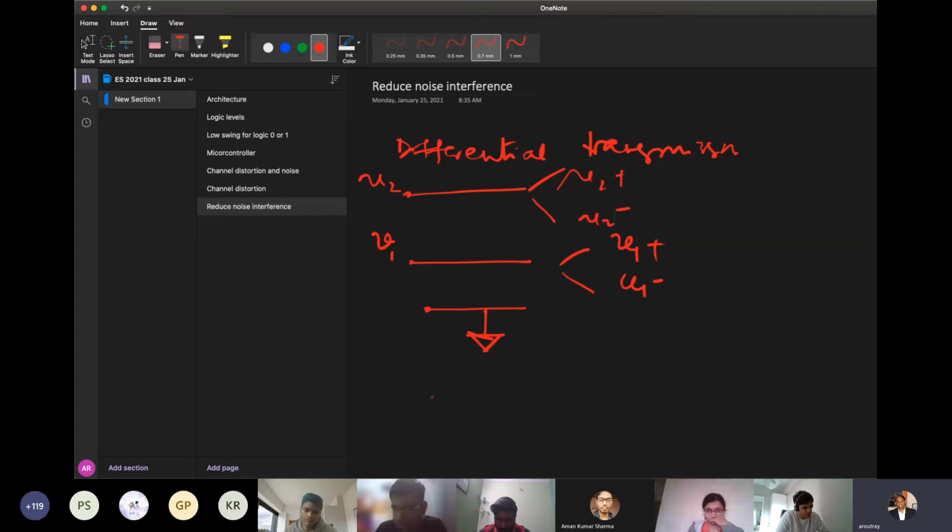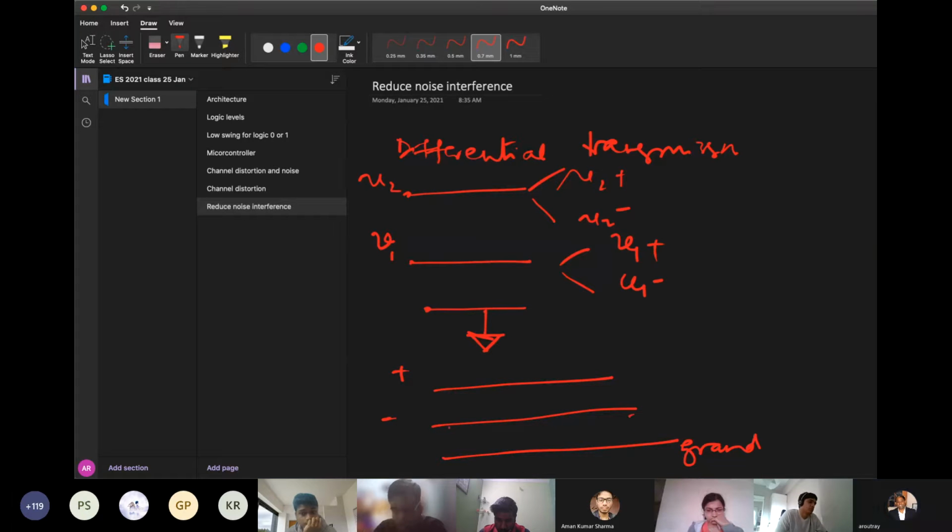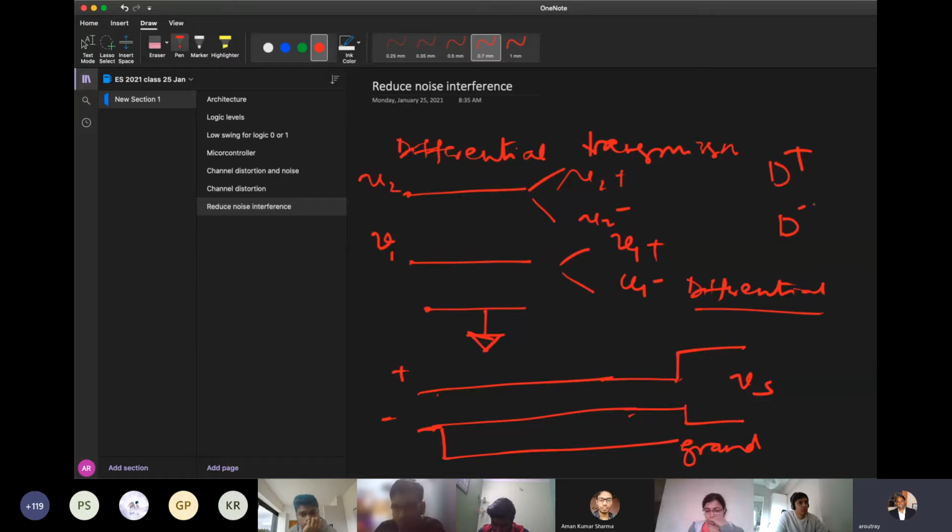So one signal gets transmitted by two lines, plus and minus, along with ground. The ground may be connected at the source. At the other end, you take the difference between them. This is your signal. This is called differential transmission. Your USB link has one D plus and D minus, and one 5 volt and one ground.